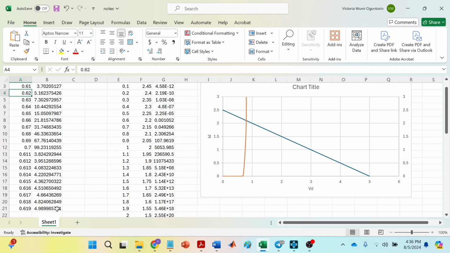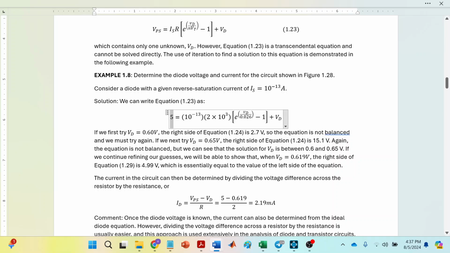So we just say that our VD is equal to 0.619 volts, because then we get approximately 5 volts on the left hand side of the equation. So remember we are doing the trial and error approach.